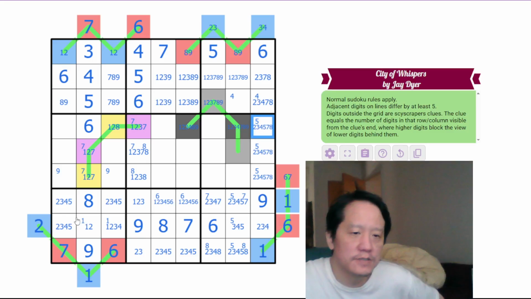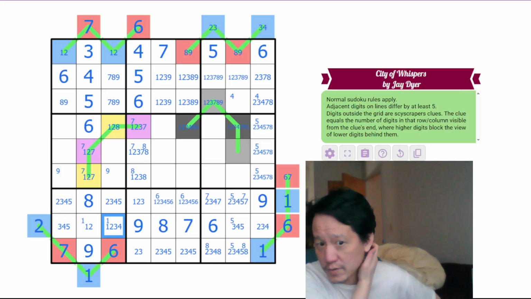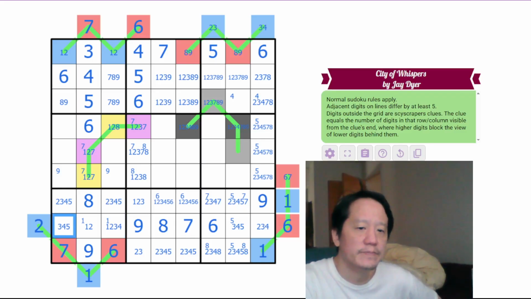Okay, so this sees 9 and this must be greater than this cell. So this can't be 2. This still could be 5 and 4 there. That's possible. So that's done. 1 cell sees 9.